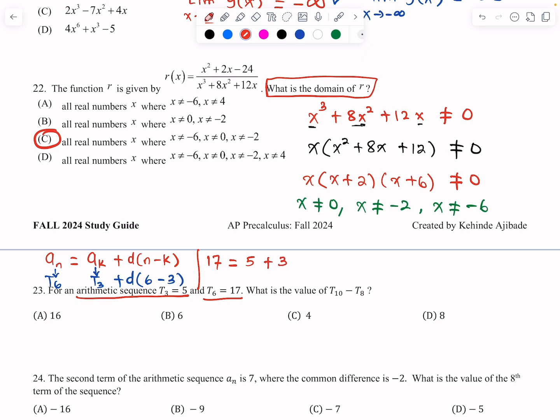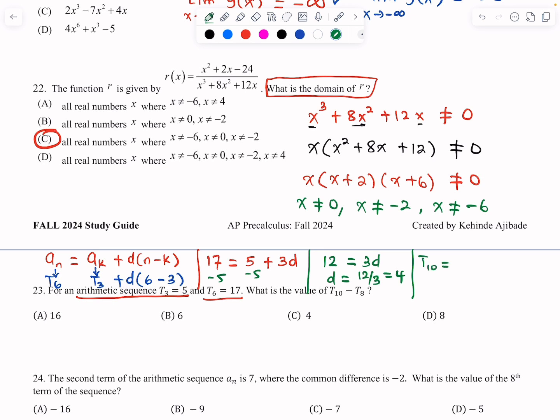And then in this case, what do we notice? I notice that 17 minus 5, so I subtract 5. So now what do I have? I have 12 is equal to 3d. And then I notice that my d will be 12 divided by 3, and that one will give me 4. Now that I have my d equal to 4, then I can find out what T10 will be.